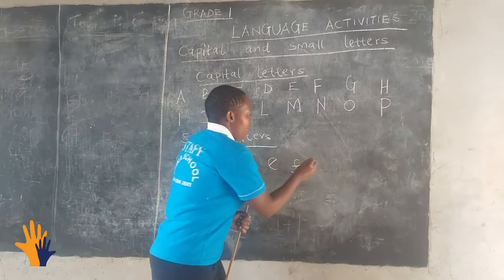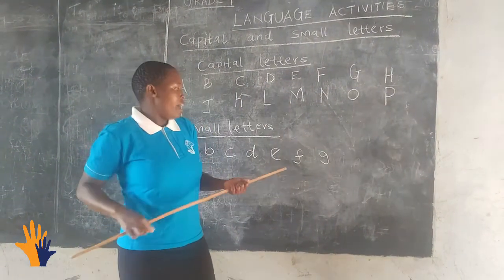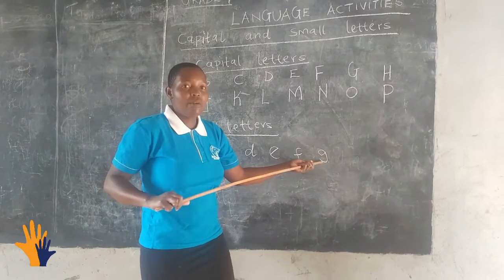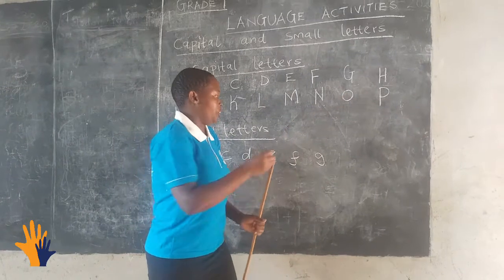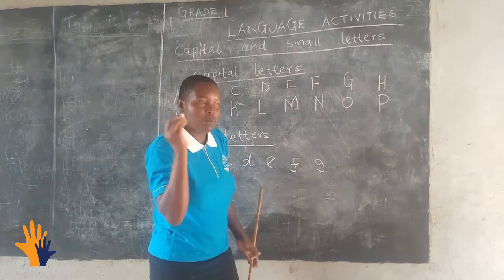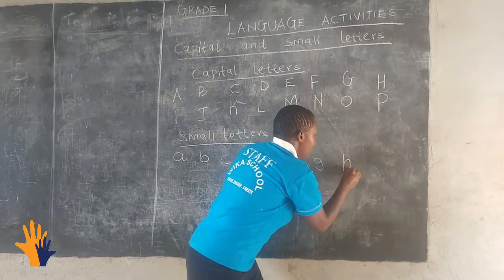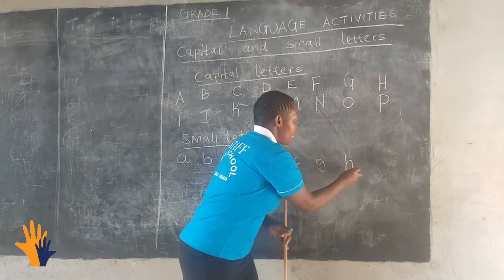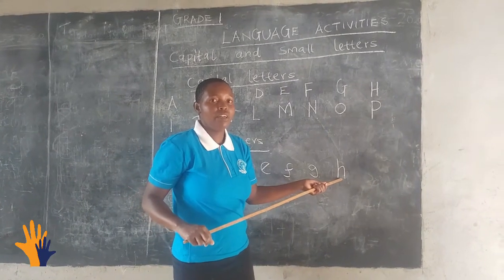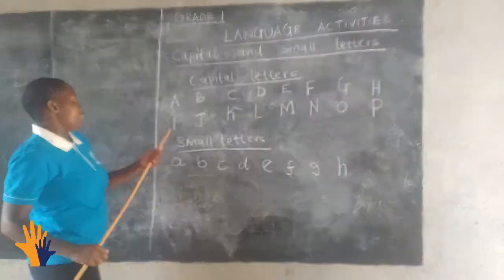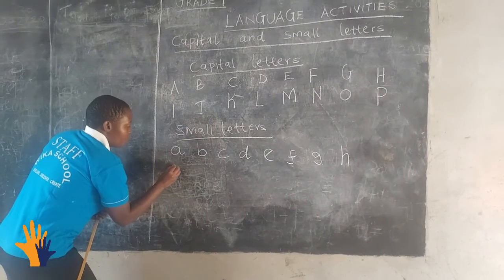Capital letter G, in small, we write like this, and we also say it is sound G. Capital letter H, when we want to write it in small letter, we write it like this, then like this, and then we say also it is sound h. Then capital letter I, we write it like this with a dot.